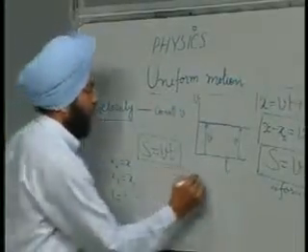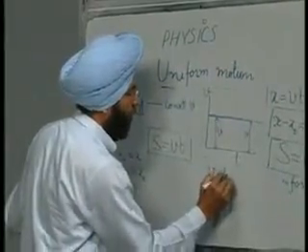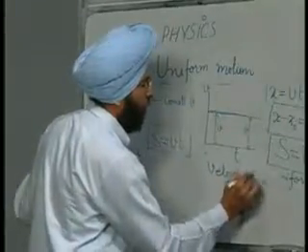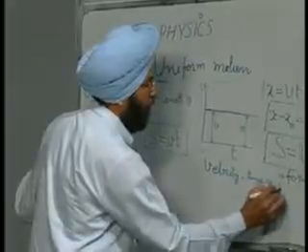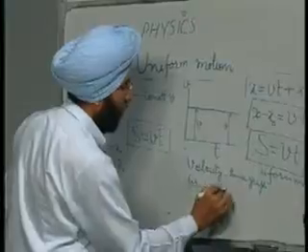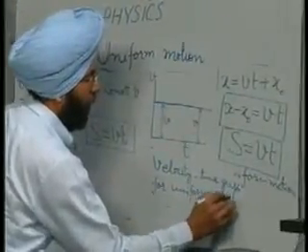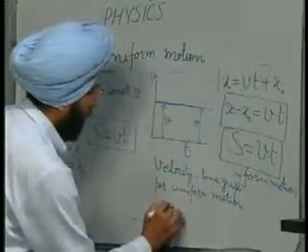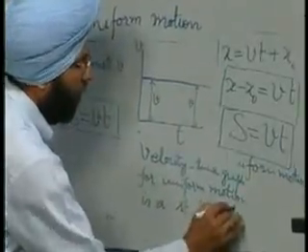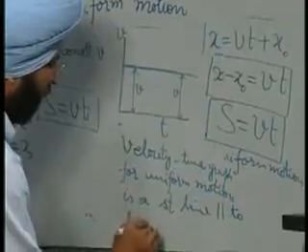So, velocity time graph for uniform motion is a straight line parallel to time axis.